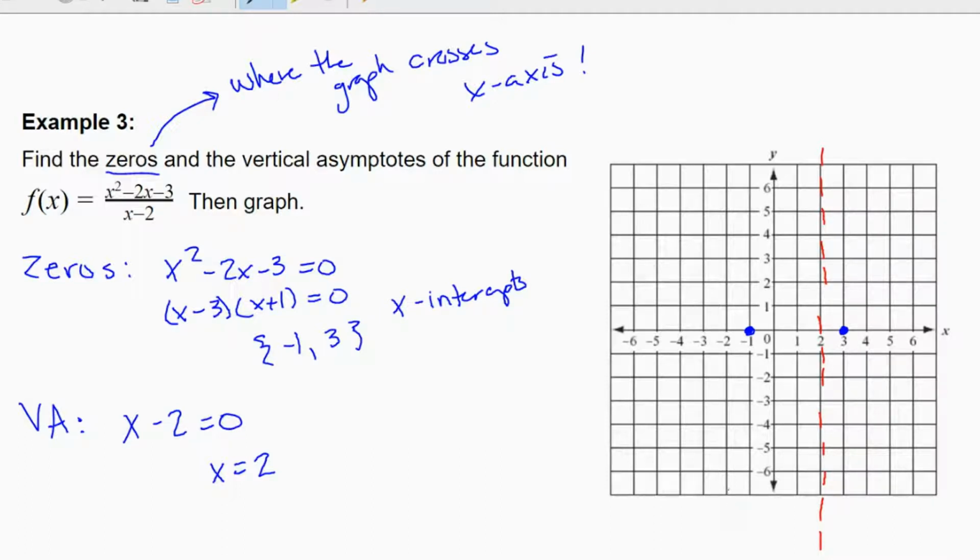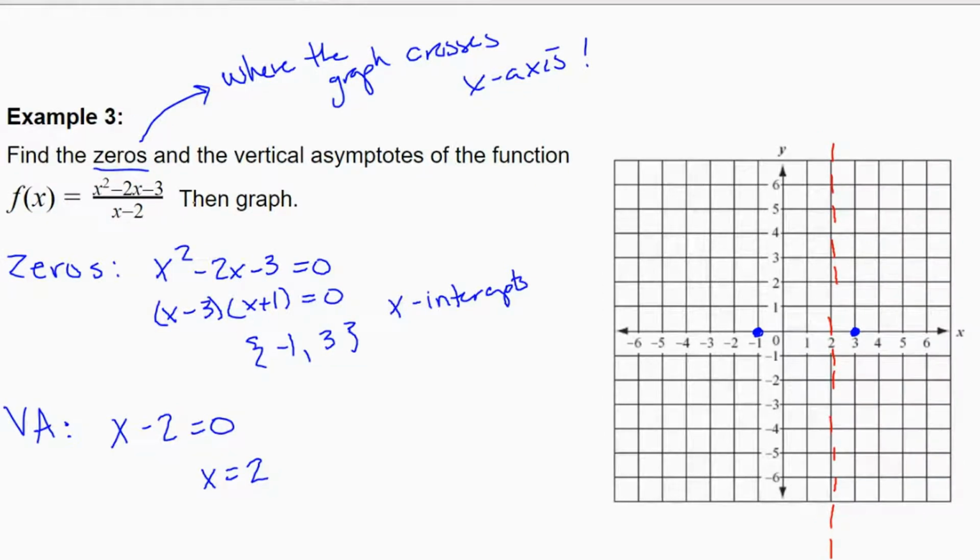Well, you may be wondering, what does my graph look like? Now, the graph of this function is still a hyperbola. It has two branches, and it just so happens to look like this. I'm going to try to draw it. And there it is.